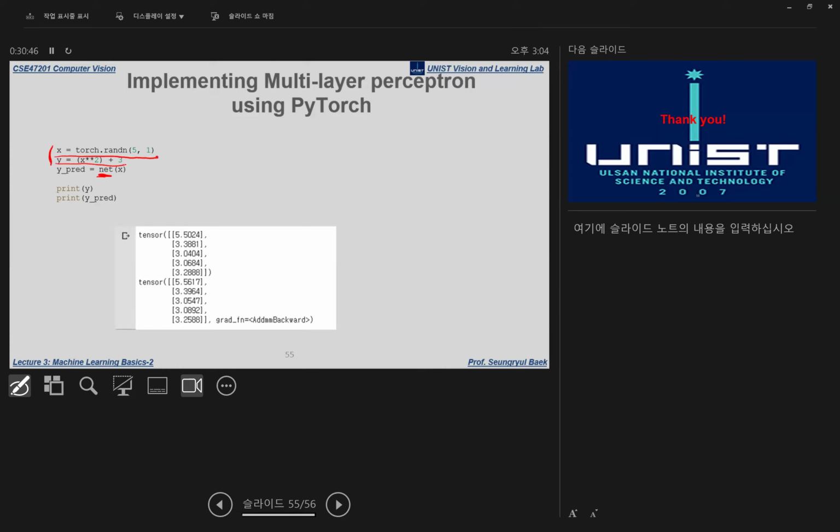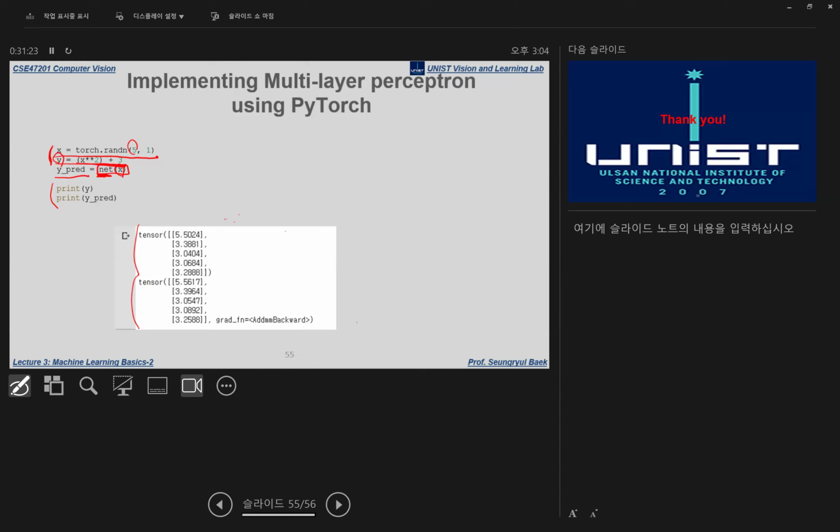So we will generate 5 random values for the test input X, and then generate their corresponding ground truth using the same formula as before. And you input your testing data to the trained net architecture. And this is our predicted value, right? And if you print those two, you can see this is the ground truth and this is the predicted value from the trained network.